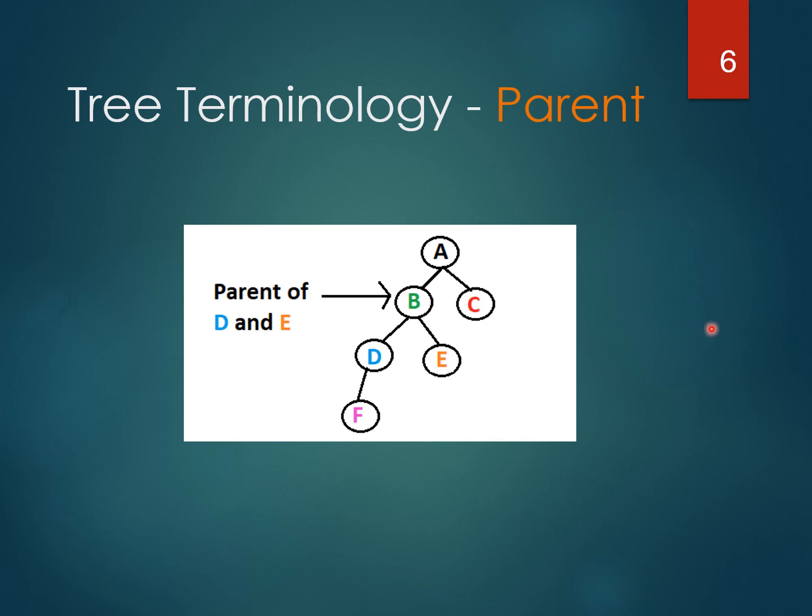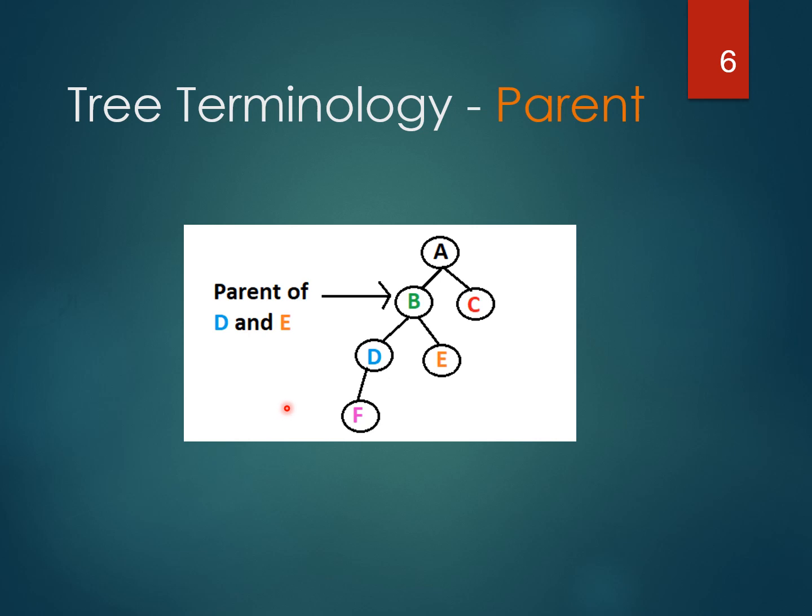Next is parent. So the node that has children nodes or has branches connecting to other nodes is called a parent. So here A is the parent of B and C, and B is the parent of D and E. F is the child of D, which means D is the parent of F. So parent nodes have one or more children nodes, then only it is called a parent node.